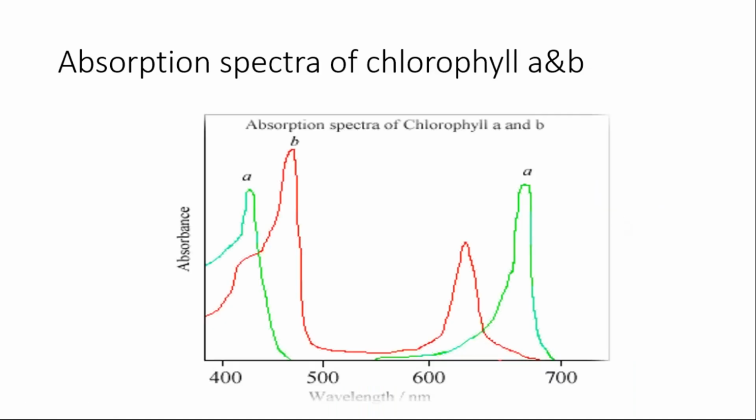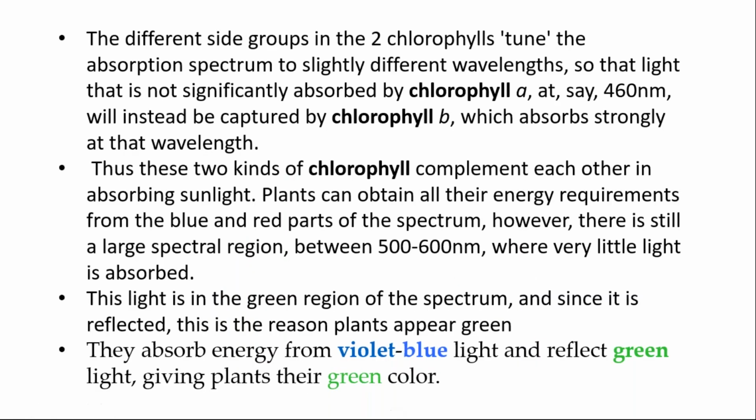So at 460 nanometers, if it is not captured by A, you will see that it is captured by B, because it also has an absorption maximum between 460 and 480 nanometers. These two kinds of chlorophyll complement each other, and plants obtain all their energy requirements from the blue and red parts of the spectrum.